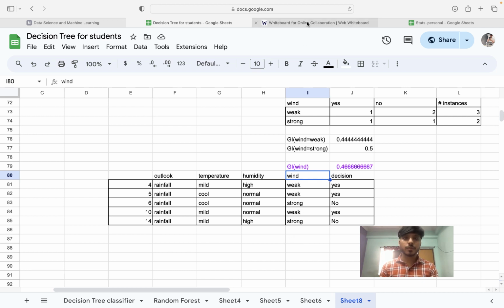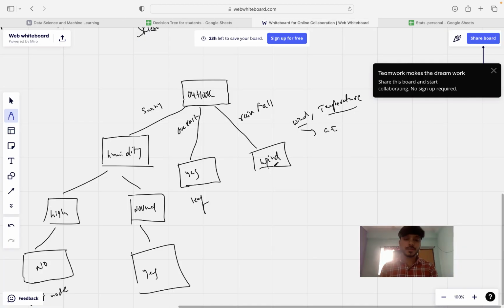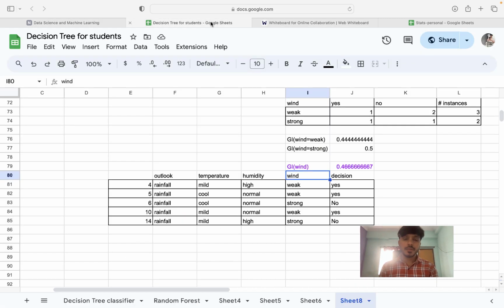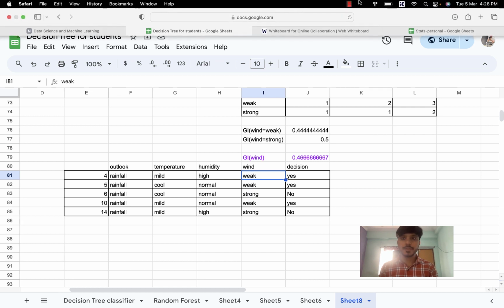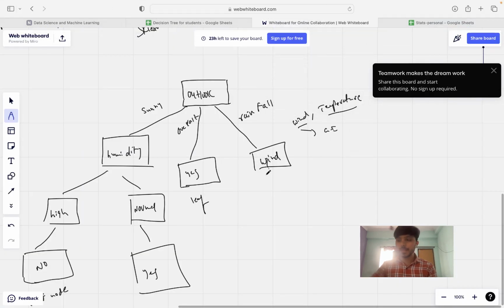So I'm going to write wind as the next node. Then when it is wind, I need to check what values I have in wind. If you see, wind has strong and weak.